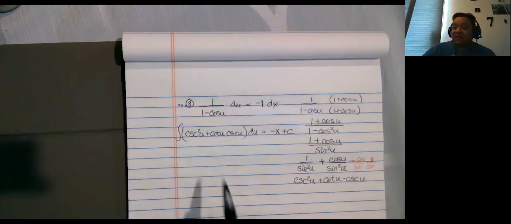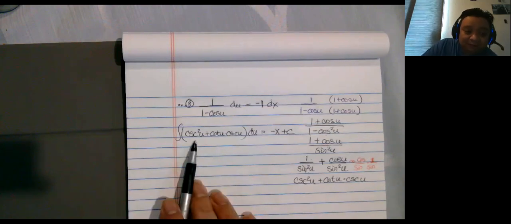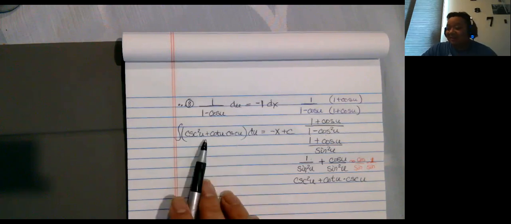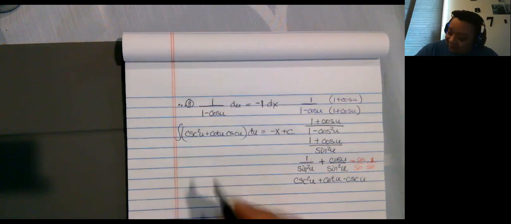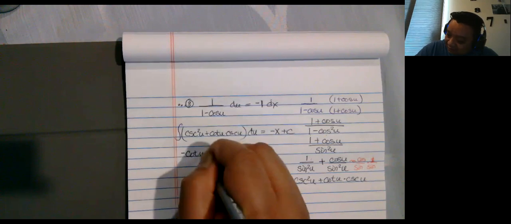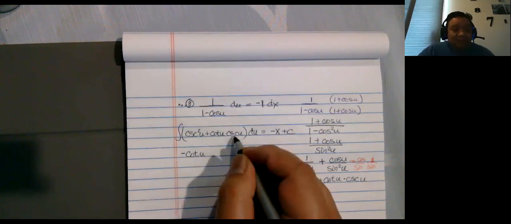So what is the integral of cosecant squared? By the way, these two are one of your 16 formulas. Negative cotangent, and cotangent cosecant.